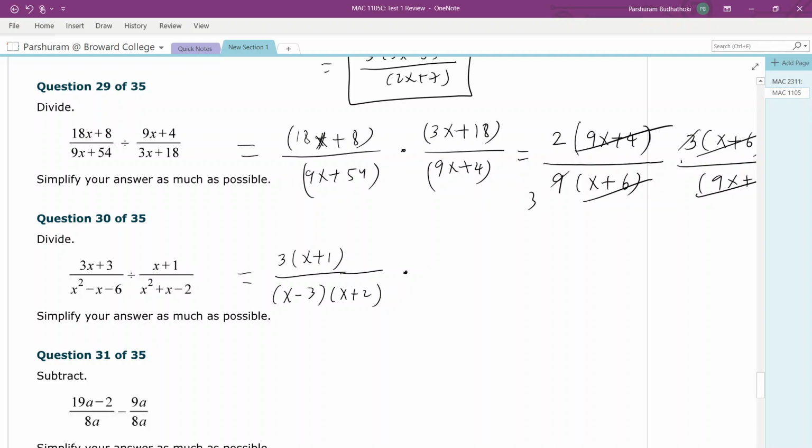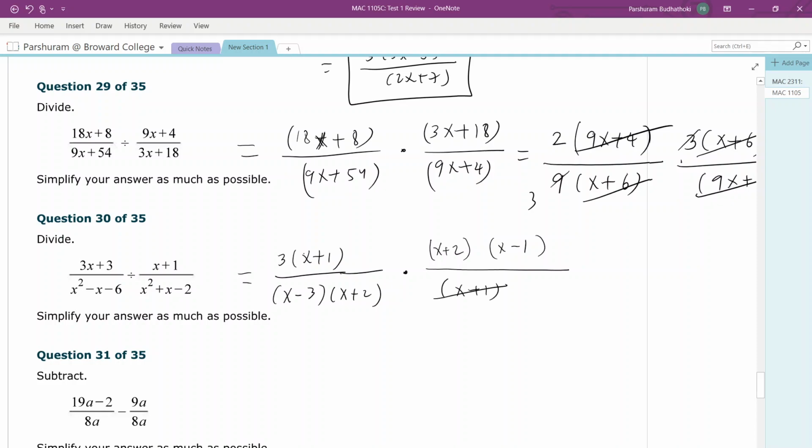After flipping, this x squared plus x minus 2 will come on the top. So I'm going to write the factors for x squared plus x minus 2 as x plus 2 times x minus 1, because positive 2 times negative 1 is negative 2, and positive 2 plus negative 1 is positive 1. And on the bottom, there will be x plus 1.